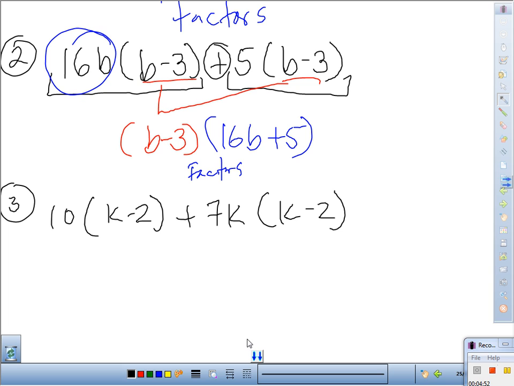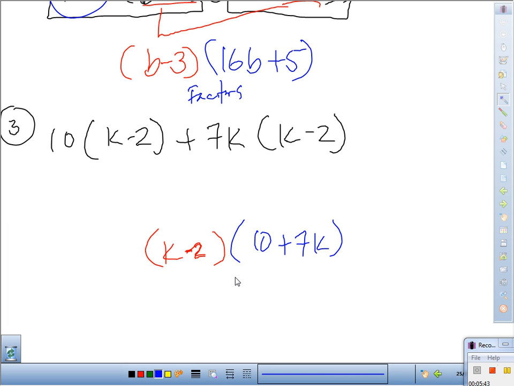All right, check with the neighbor, see what they got. All right, Stephanie, what did you get for your factors? K minus 2 and 10 plus 7k. Have you got that? I'll take that for right now.